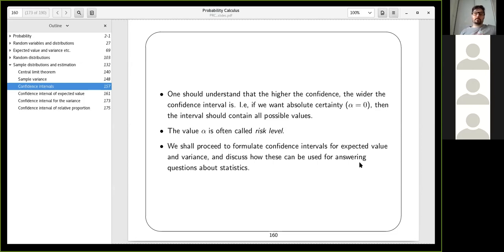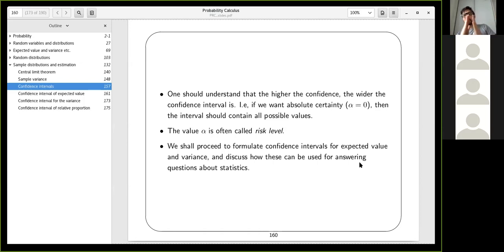On the other hand, if you don't need to be too particular, you set a high alpha, you're willing to accept a 50% chance of being wrong, then you might get very narrow confidence intervals, meaning that you can say something more accurately, but you have a higher chance of error.